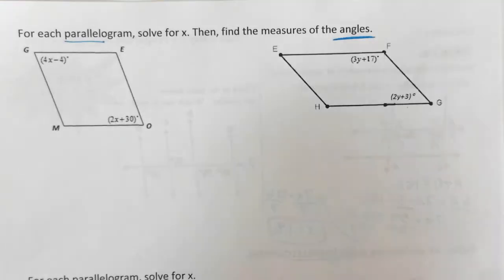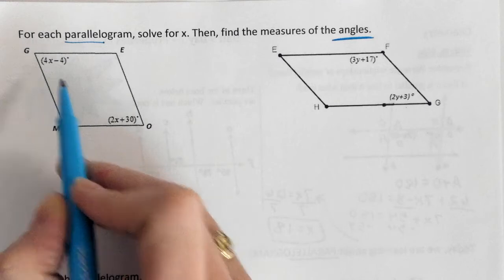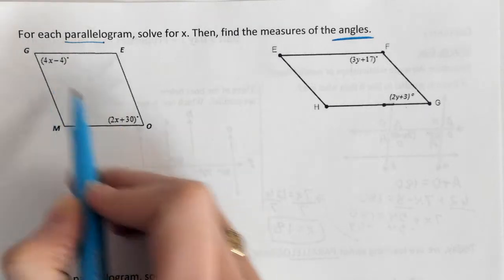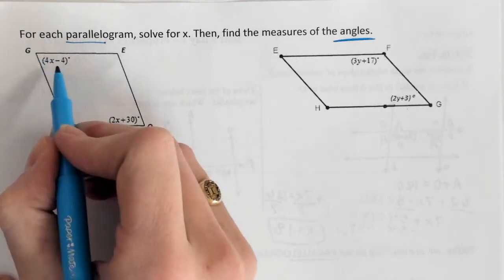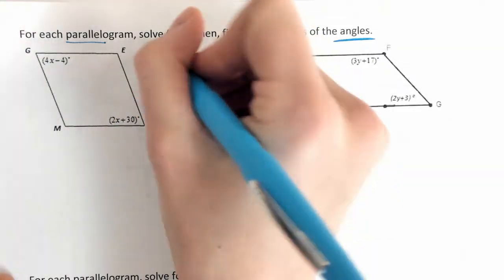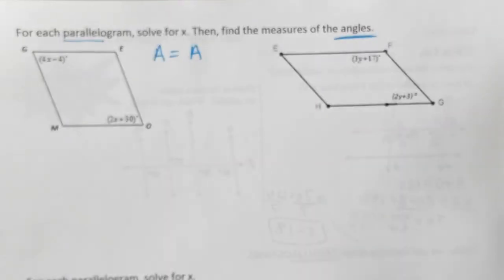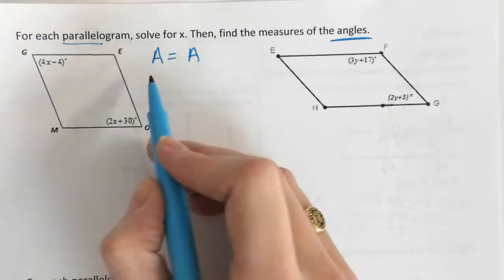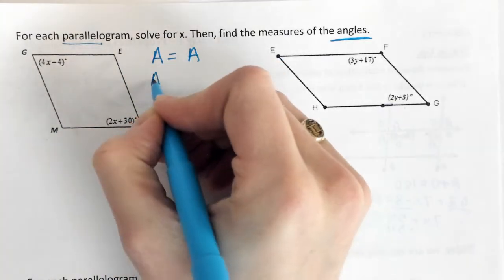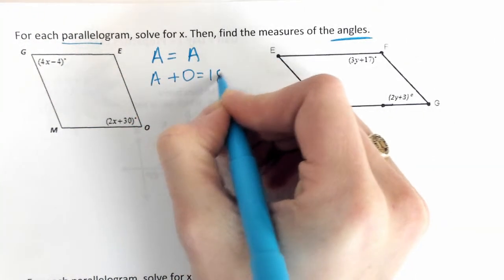So if we take a look at this first problem, are these angles or sides? Angles. They are angles. So are these angles, is it going to be like A equals A or A plus O equals 180?